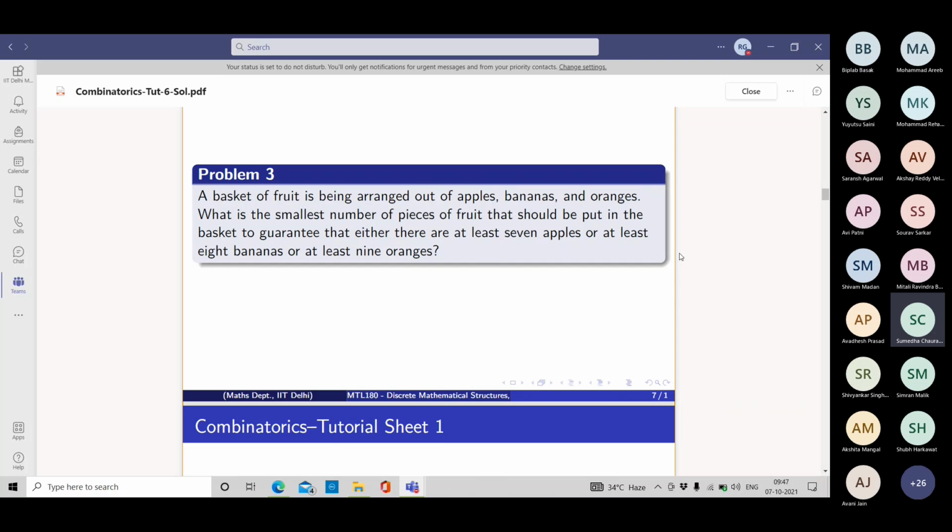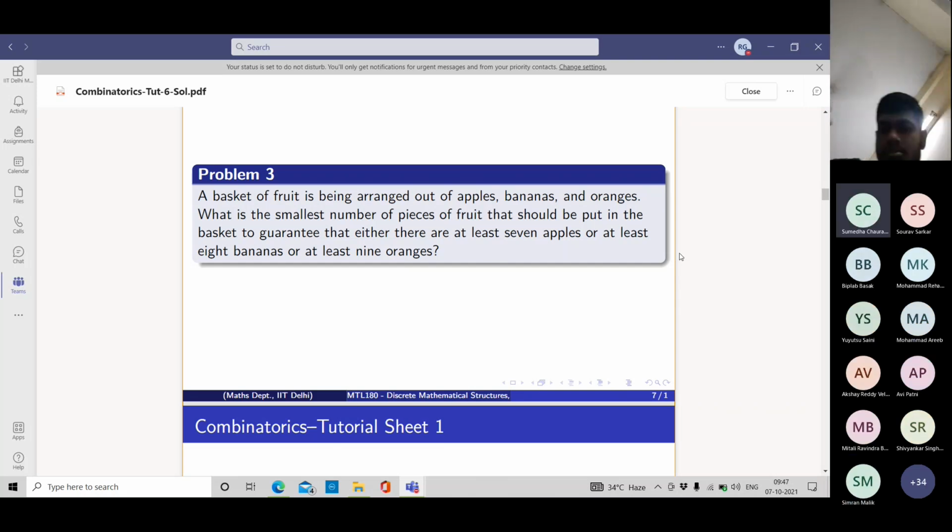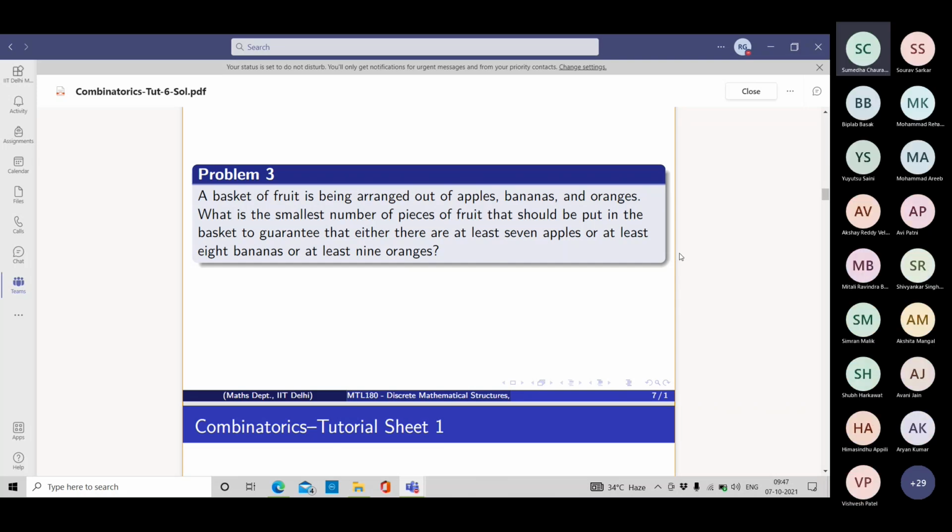If we provide that kind of argument, or do we actually need to identify what the pigeons and holes are? What I am saying is that it is better to always write what is the pigeon and what is the hole, because we want that one only.